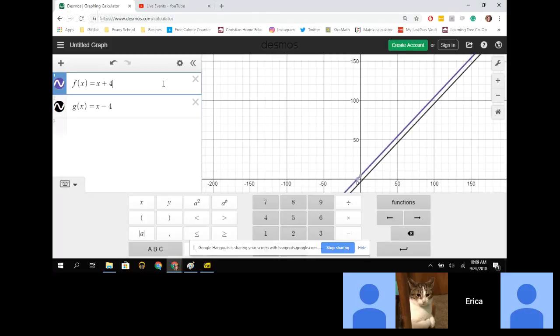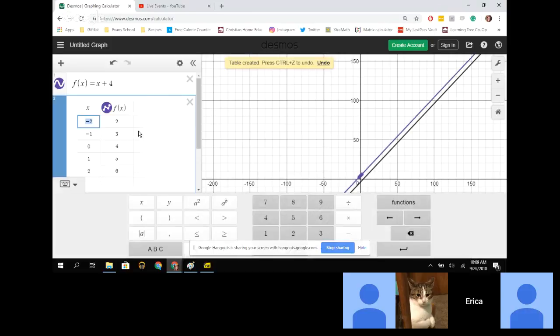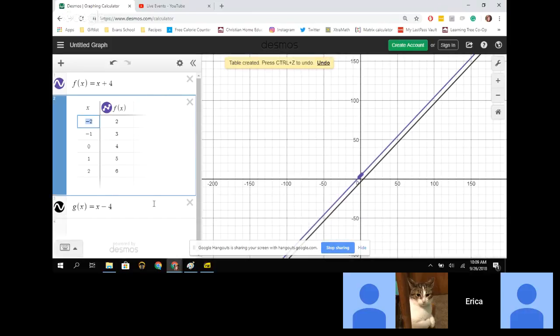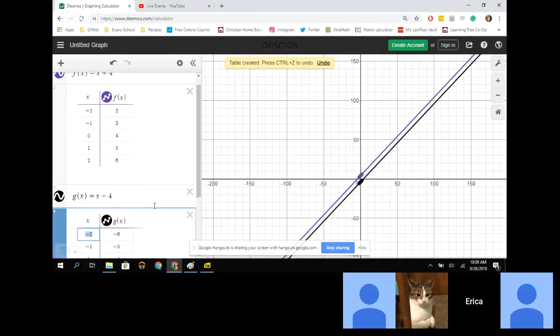So if I turn each of these into a table, let's see if I can get them both here. There we go.